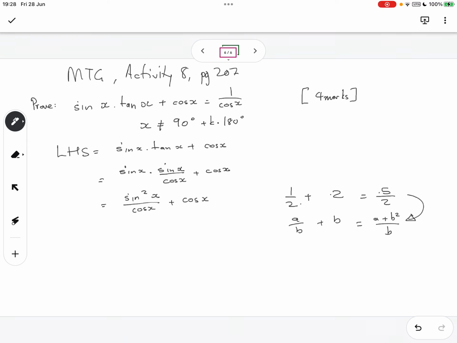So these two are the same thing, it's just one is using numbers. So what we end up having is cos times cos, which is cos squared, plus sine squared x, divided by cos x, and then this gives us 1 over cos x, and this equals the right-hand side. Does that one make sense?